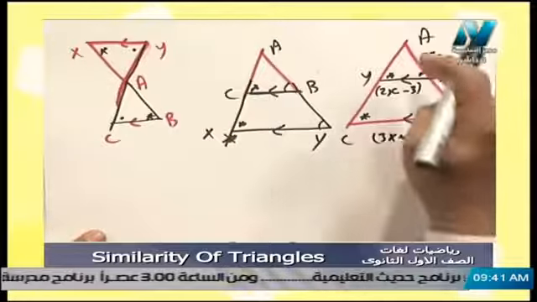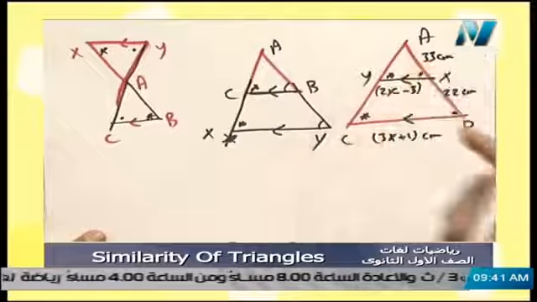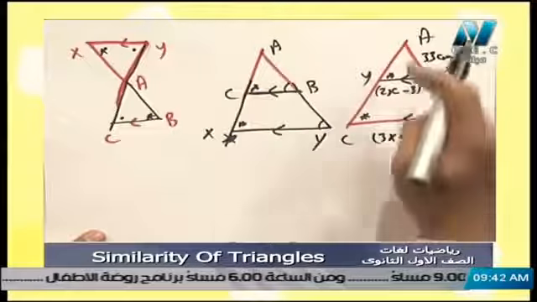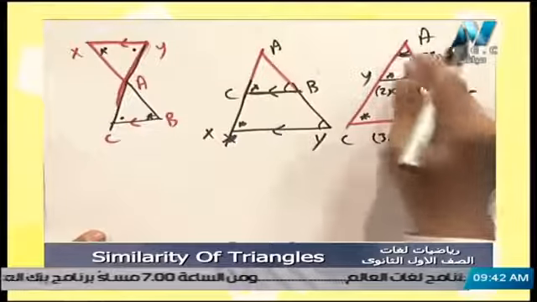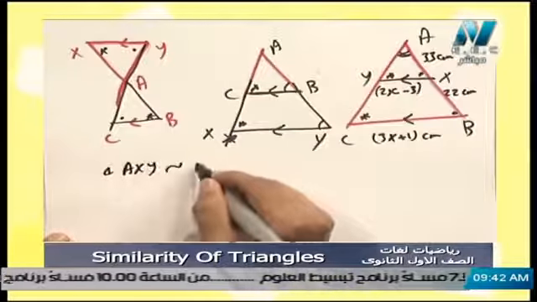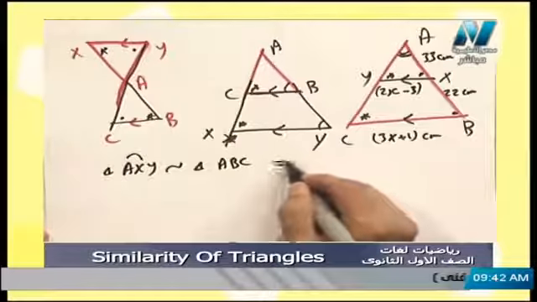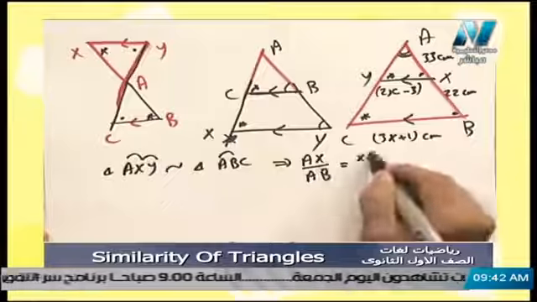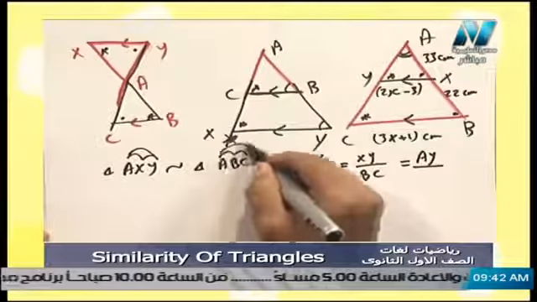In steps, we have measure angle AXY equal to measure angle B, corresponding angles because XY is parallel to BC, and measure angle AYX equal to measure angle ACB, corresponding angles, and angle A is the common angle between the small and big triangles. So triangle AXY is similar to triangle ABC, and we can say that AX over AB equals XY over BC, also AY over AC.